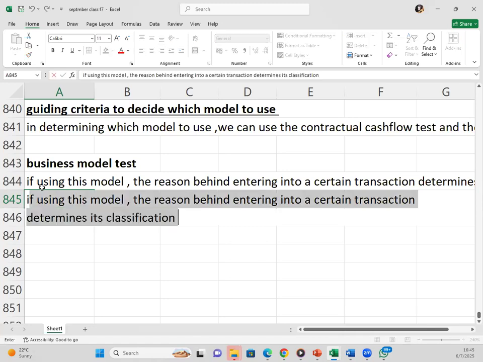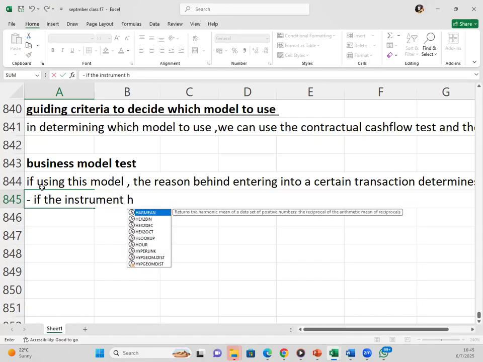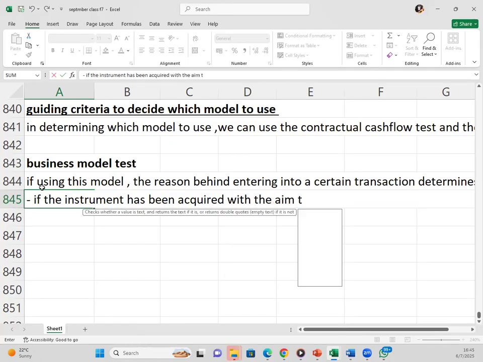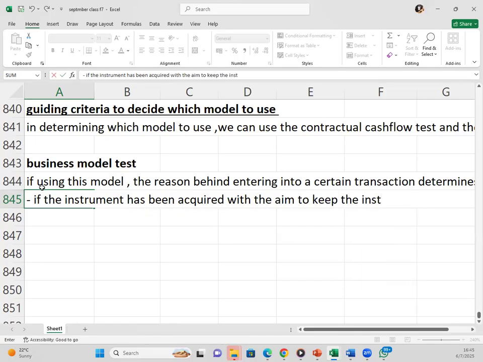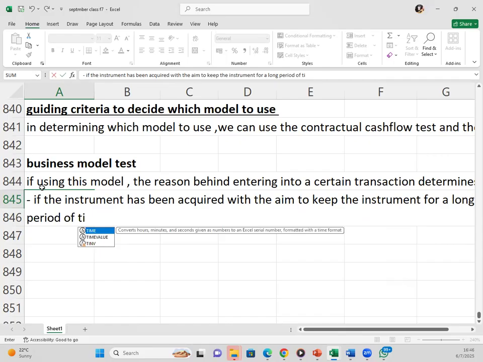So if the instrument has been acquired with the aim to keep the instrument for a long period of time, if we have bought the shares and our intention is to keep them for a long period of time, then we record it as a financial instrument through OCI.